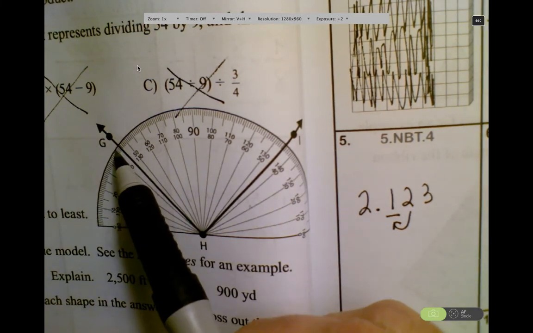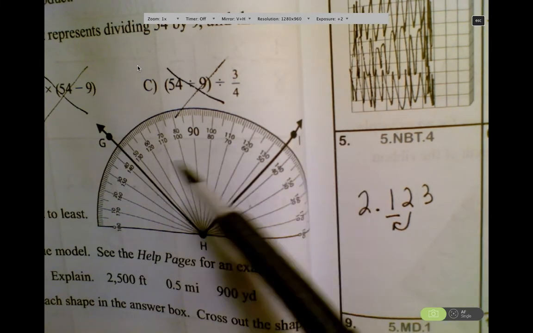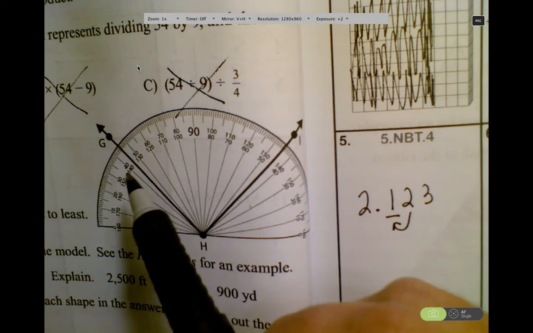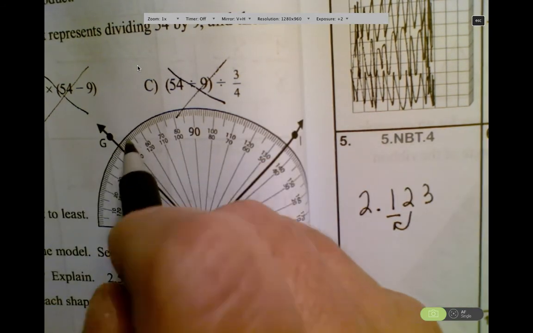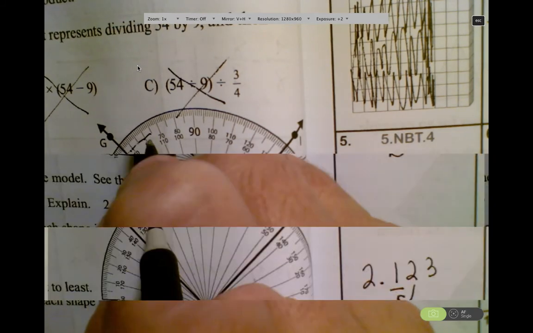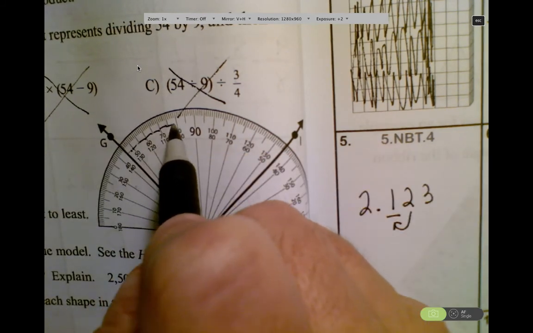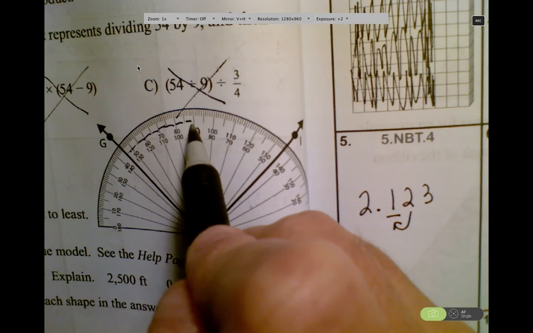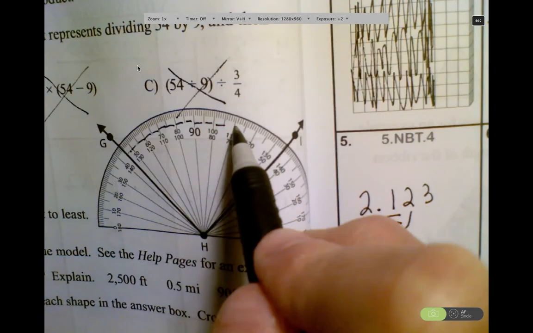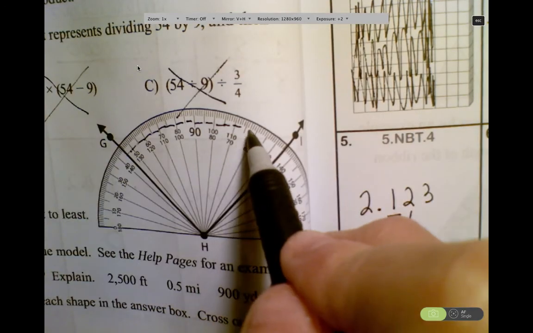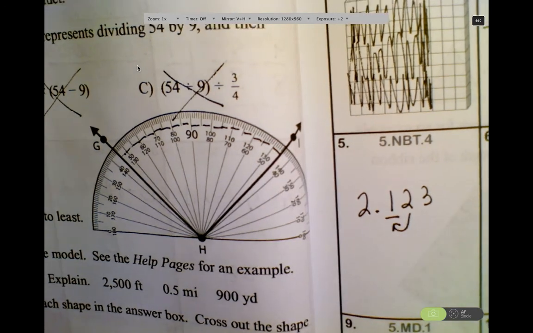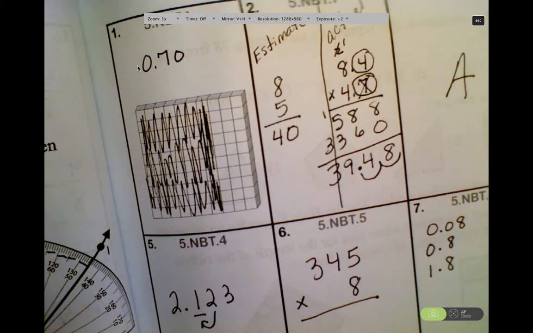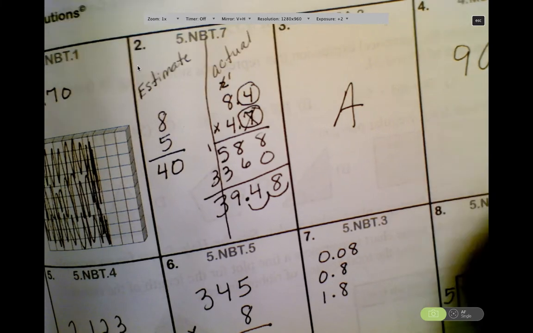It didn't start on 0, so I can't just choose one of these numbers. So I'm going to go 5, 10, 15, 20, 25, 30, 35, 40, 45, 50, 55, 60, 65, 70, 75, 80, 85, 90. I see that it is 90 degrees.